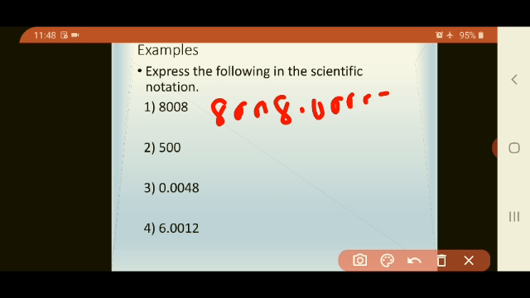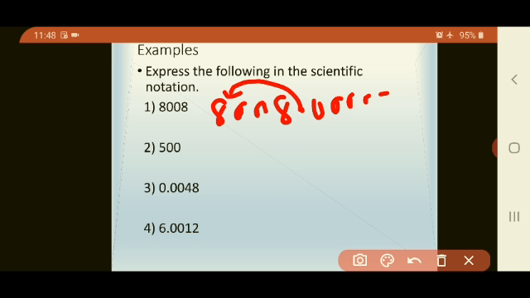Now to convert this into scientific notation, what do we have to do? This decimal point, we have to shift it after the first non-zero digit. Which is non-zero? 1 to 9, all are non-zero digits, whereas 0 is 0 only. Now to shift it after the first non-zero digit, how many places are we shifting? 1, 2, 3 places.